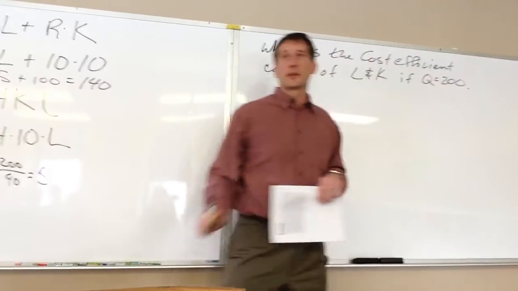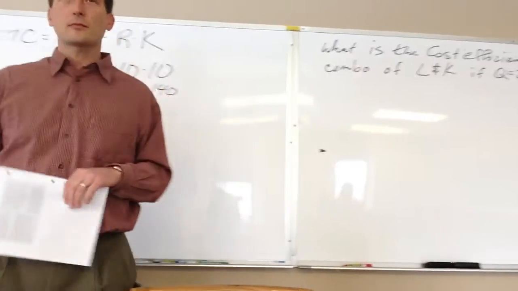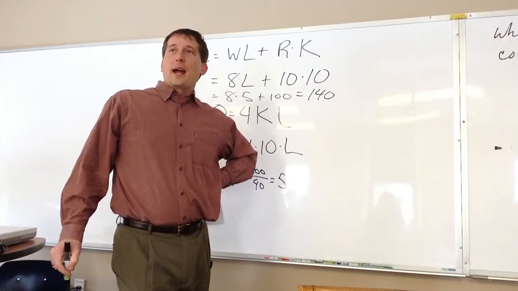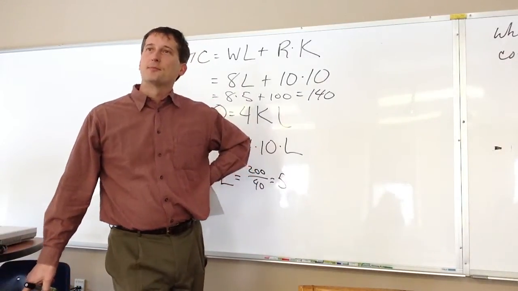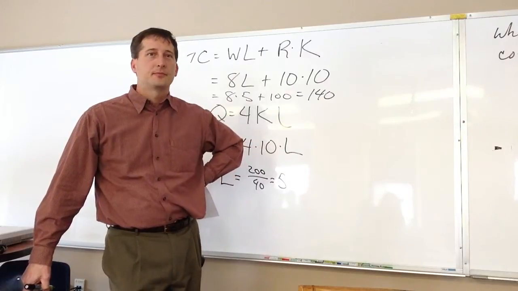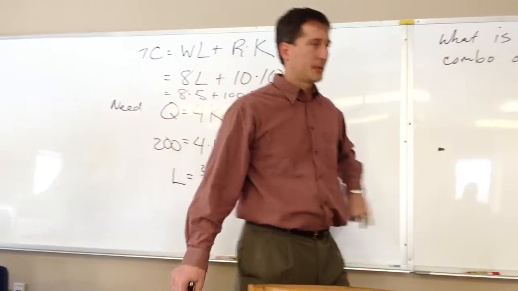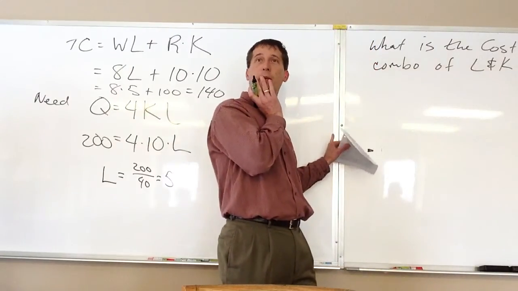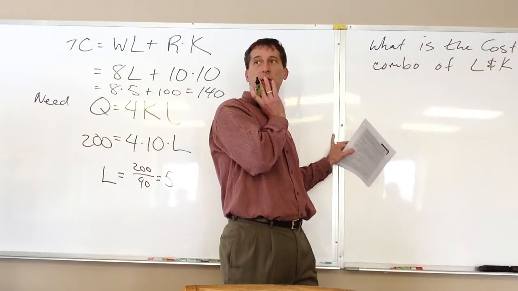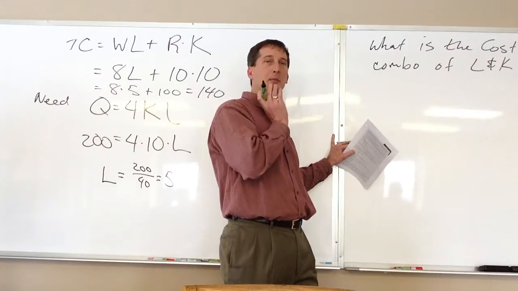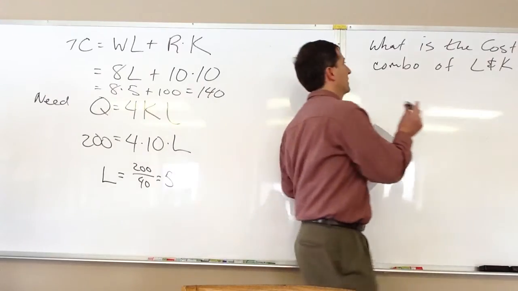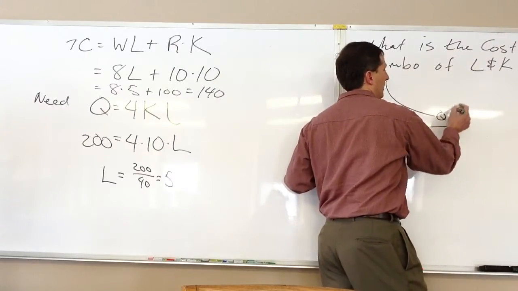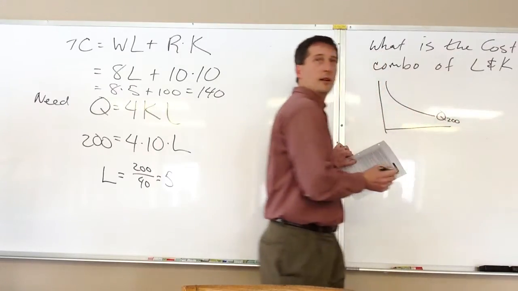Just to kind of restate what the question is asking, right? So what do we fall back on? What condition? Go ahead. Marginal rate of technical substitution has got to be equal to the price ratio, which is the input price ratio in this case. So we're falling back to the isoquant of 200.